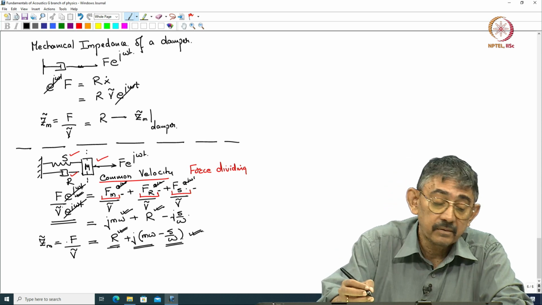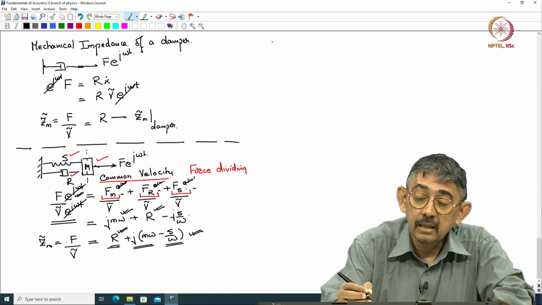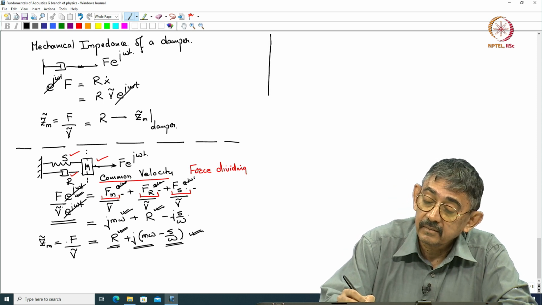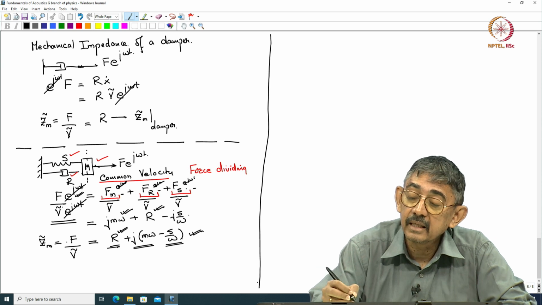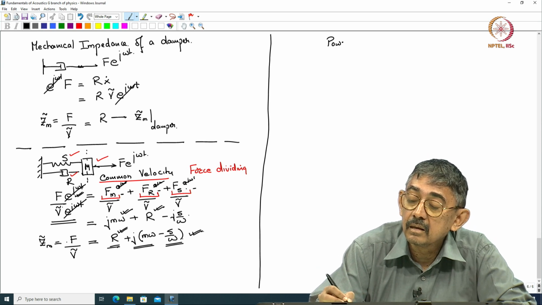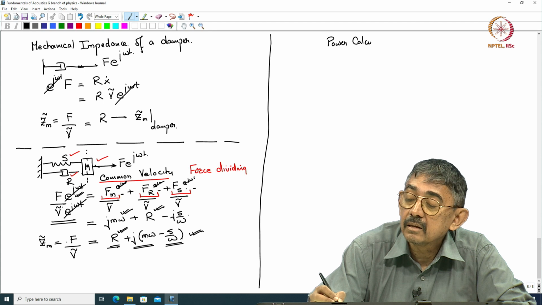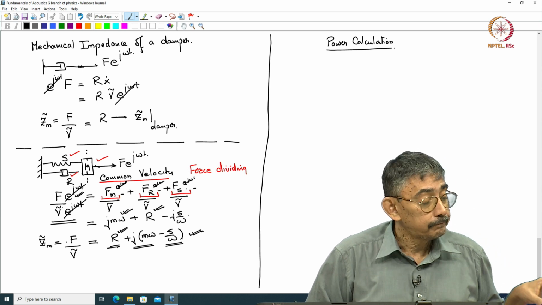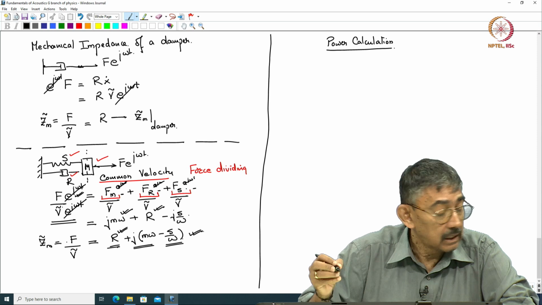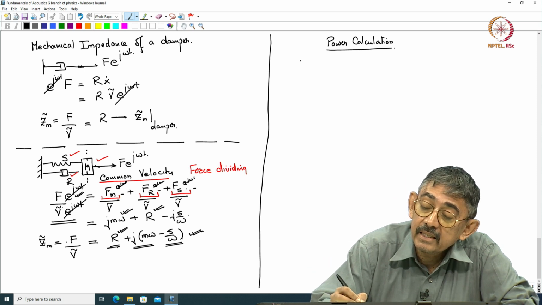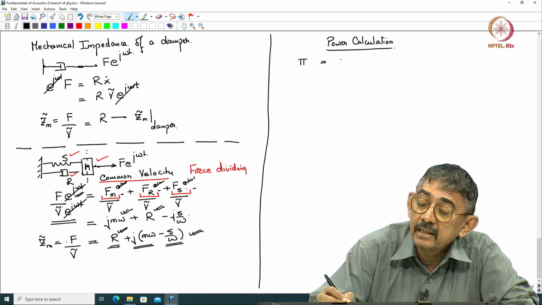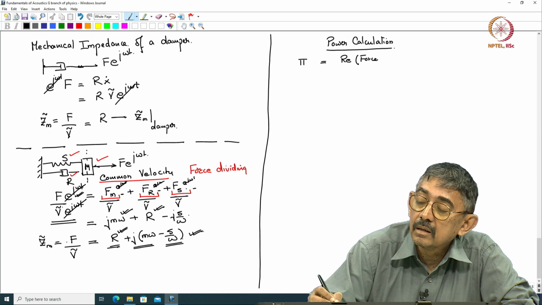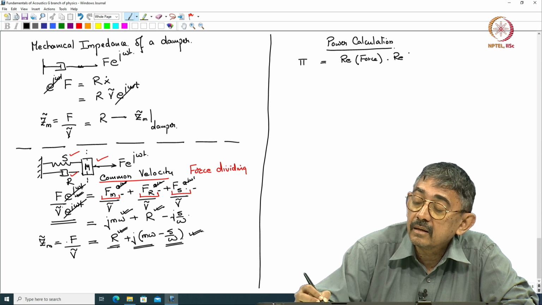Now from here we will move and look at power. We will look at power calculation. The instantaneous power is given by the real part of the force multiplied by the real part of the velocity.